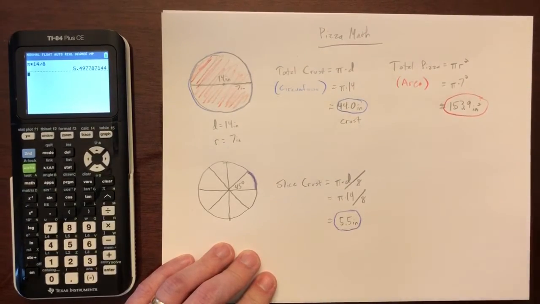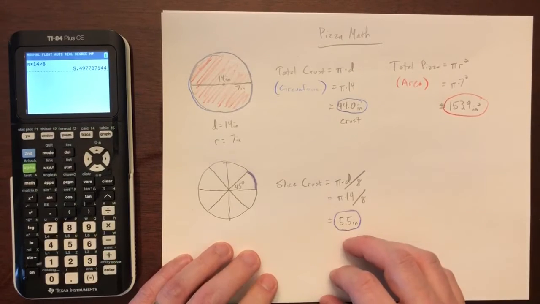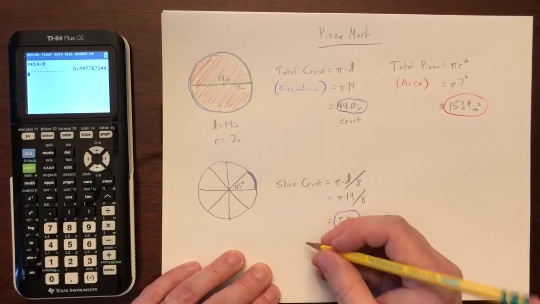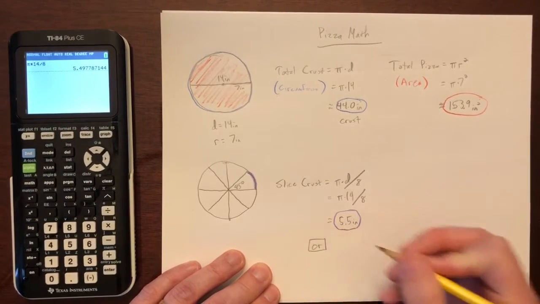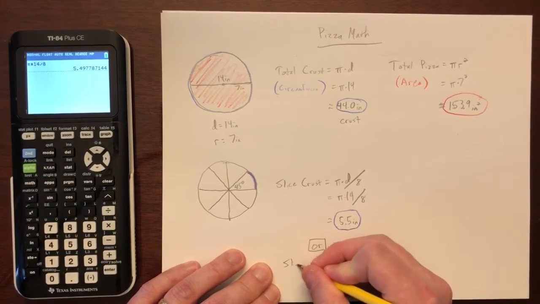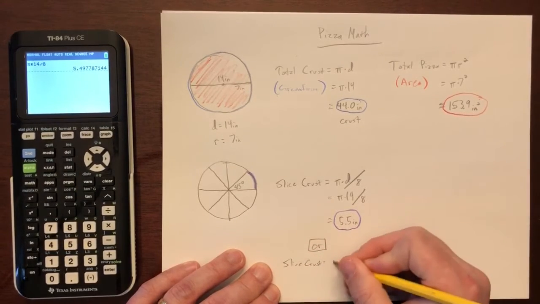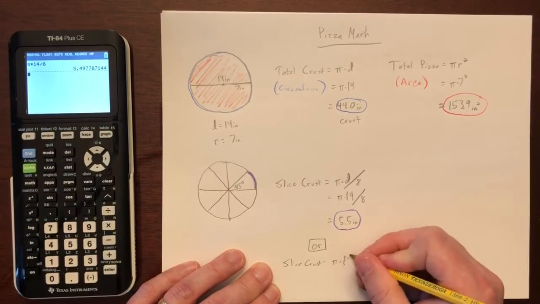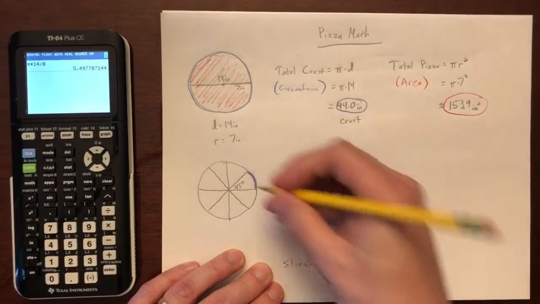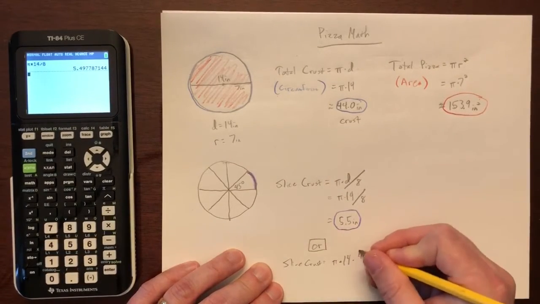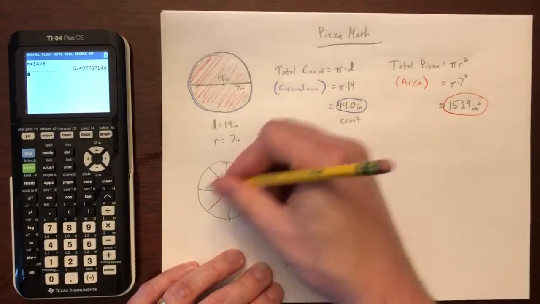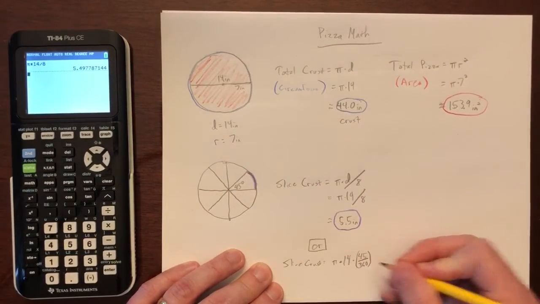Okay, there is another option though. Some of you might think, I don't want to divide. You could also do what I call the percent method. Okay, so, or a different option would be to take, so the slice crust is pi times 14, but do it as a percentage, as a fraction. So this is 45 out of, how many total degrees are there in a circle? A total of 360.